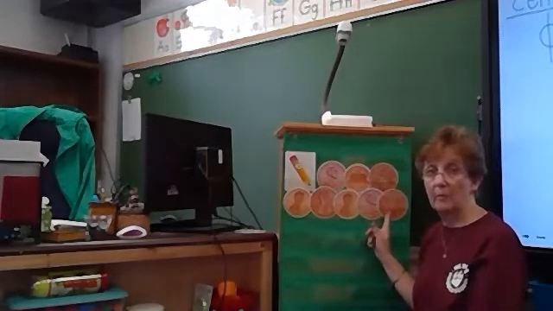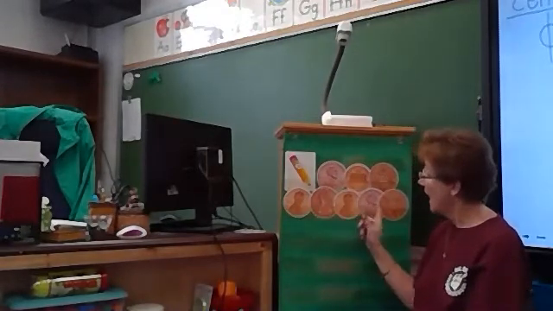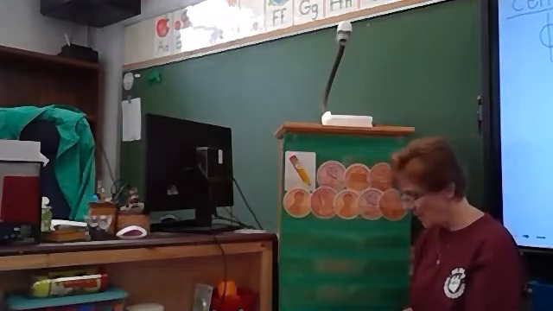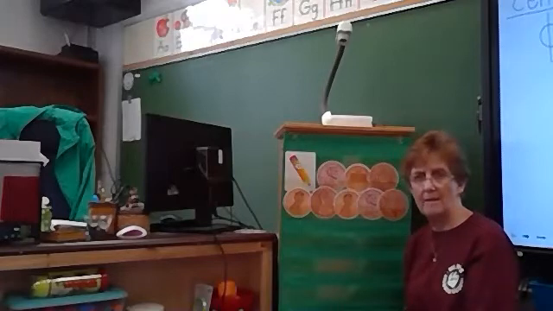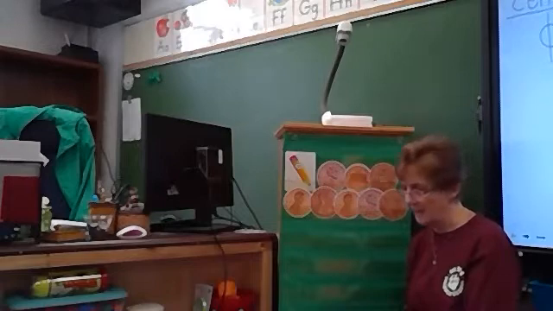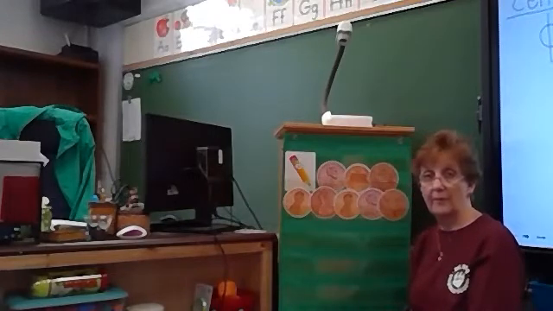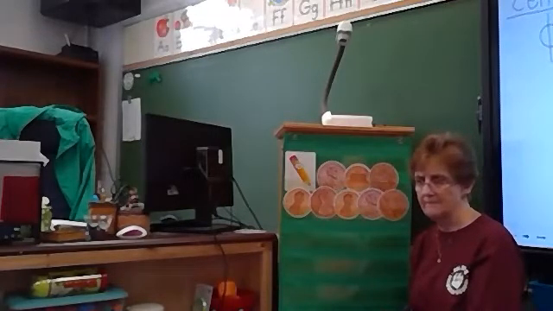Each penny is worth 1 cent. So 8 pennies equals 8 cents. But I wonder if there's another way that I could show 8 cents. Think about it. Is there another way that I could show 8 cents using fewer than 8 coins?